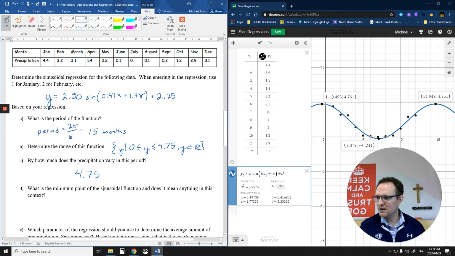What's the minimum point? And what does this mean in the context of the minimum point? Like we decided already. The minimum point is negative 0.244, but this doesn't make any sense.